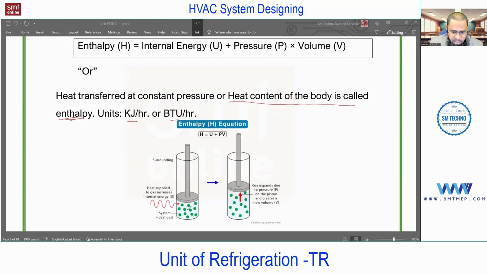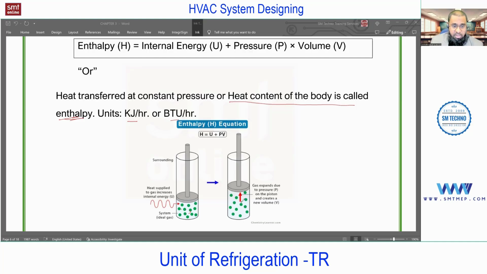This example will help. You see, inside there is a gas, and we are adding heat. Adding heat means we are increasing the internal energy, since heat is a form of energy. So what will happen? The piston will go up because the pressure and the temperature increase, and because of this it will push up and the volume also increases.